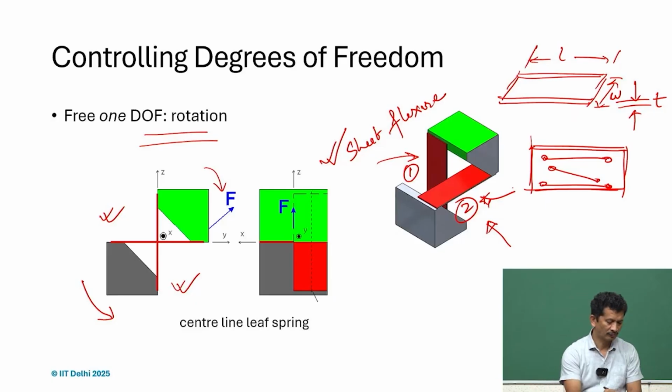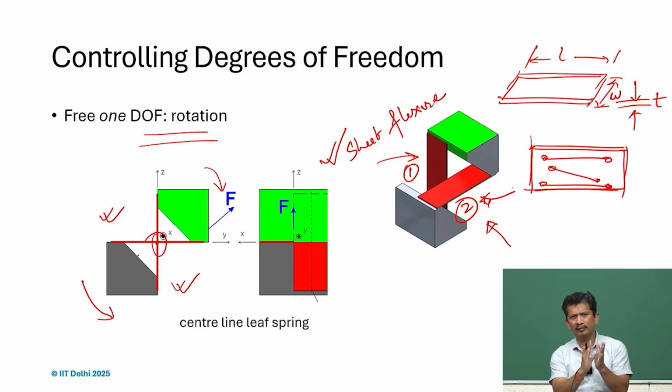Maybe initially here, but it may not stay here, and there will be slight deviation, an excursion, so that rotational axis will move. But for a very small range of motion, it is a very good design and it can solve many of the problems related to friction. We will be discussing this flexure design in detail later when we talk about compliant mechanisms.